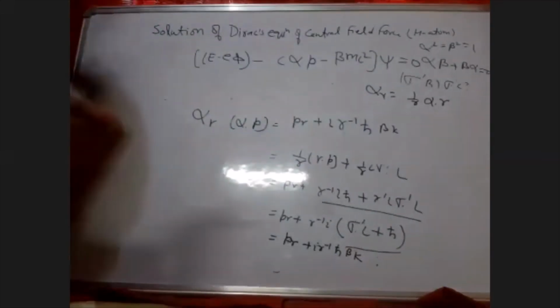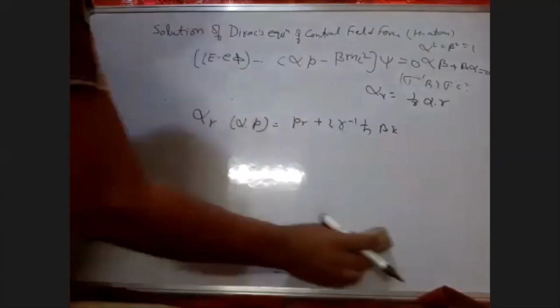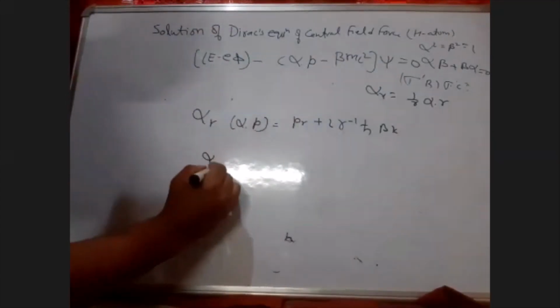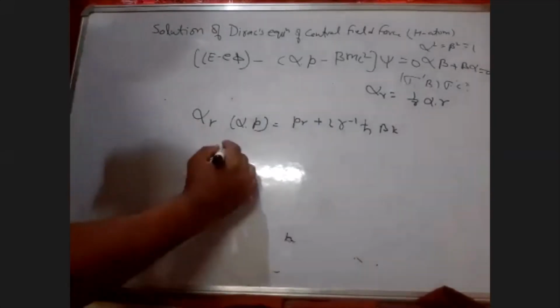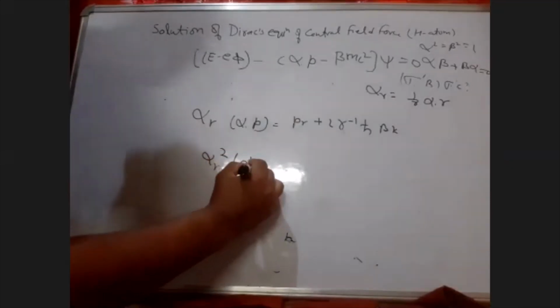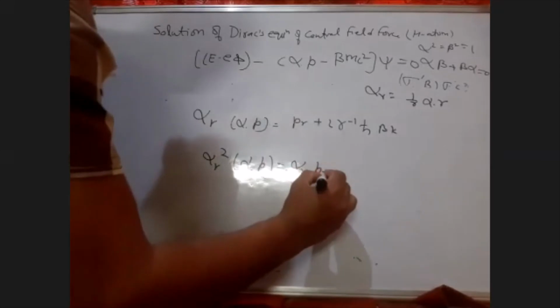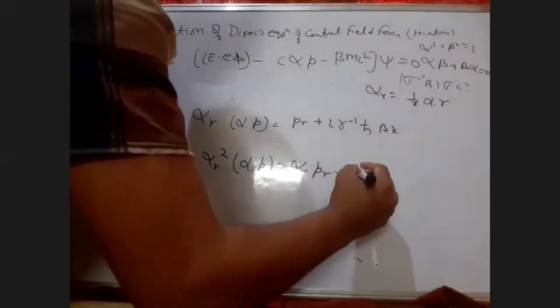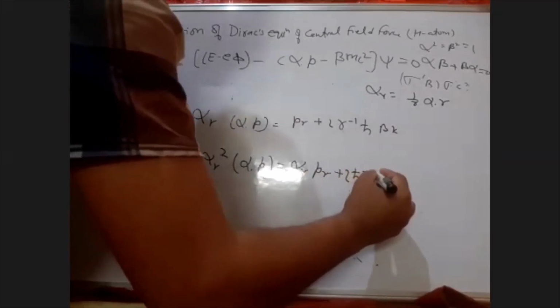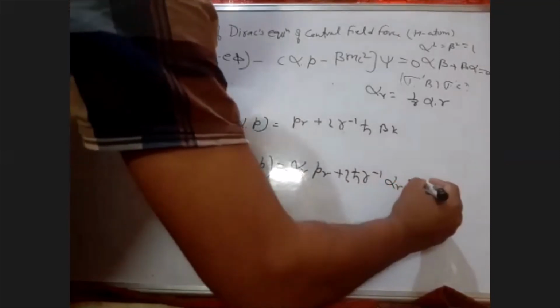Now again multiplying by alpha r in this equation, alpha r square, alpha dot p is equal to alpha r pr plus i h cross r inverse alpha r beta k.